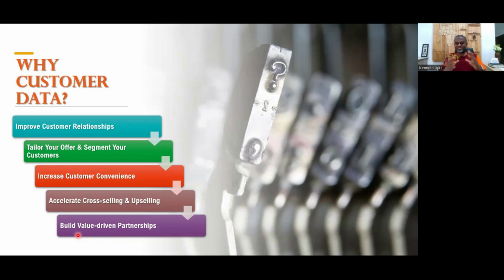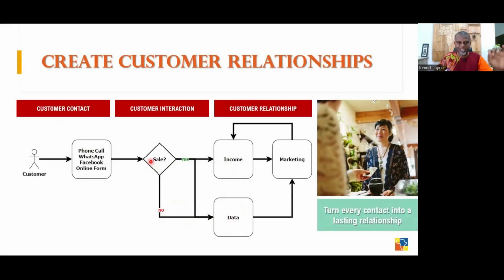I just use very basic examples, but if you think about this in your context, in your business, I'm sure you can extrapolate and think about all the different things you can do with customer data, as long as you have a way to collect it. So the point here is whether there's a sale or there is no sale, your customer journey must have a way to make sure you capture the data so that you can sell back to the person the next time, market to the person.